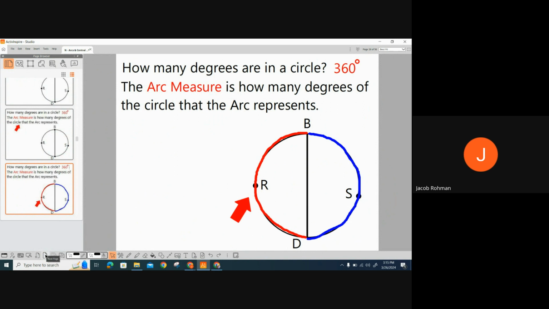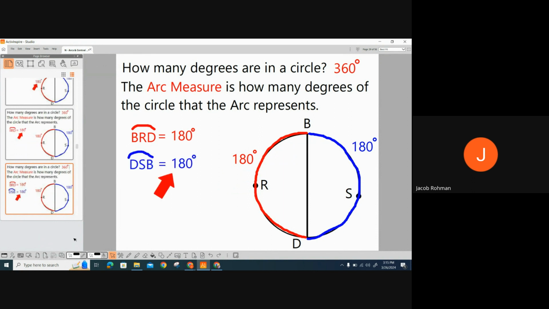So we would be able to say, well, half of 360 degrees is 180 degrees. So both of those arcs have a measurement of 180 degrees. So we would be able to label that as arc BRD is equal to 180 degrees, and then arc DSB is equal to also 180 degrees.